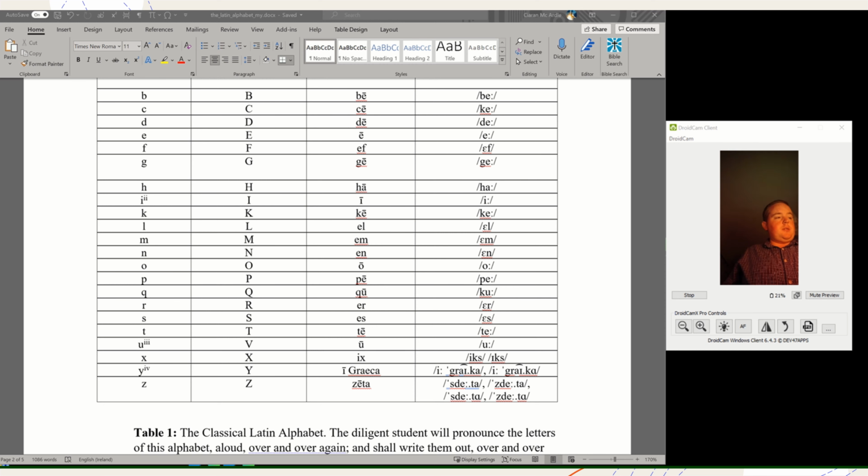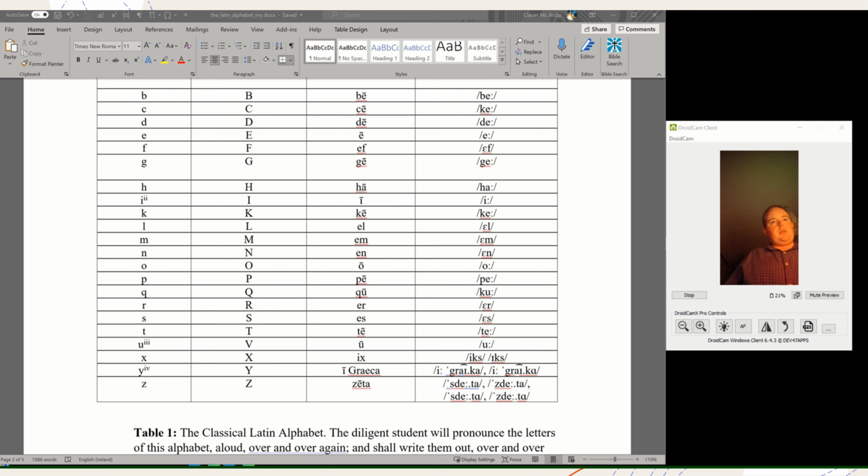U is lowercase and V is uppercase. V is essentially the uppercase version of U, but conventionally, although this is beginning to fade out a little bit, consonantal U is written as a V. So this hasn't been completely standardized yet.